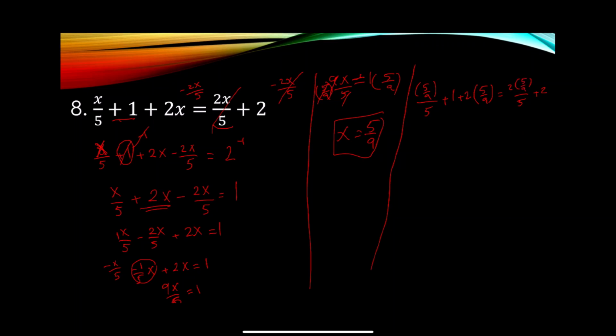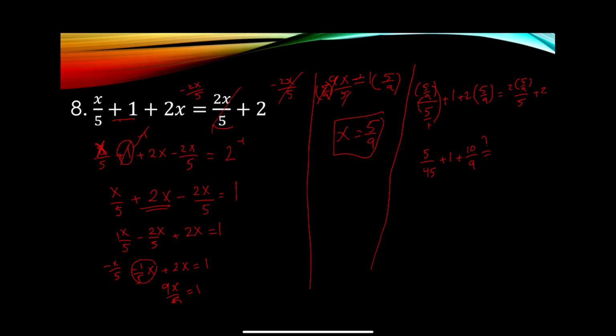Do you remember if we have a fraction over fraction, as if this over 1, multiply here and multiply here. So 1 times 5, the answer is 5 over 9 times 5 is 45, plus 1 plus 2 times 5 is 10 over 9.